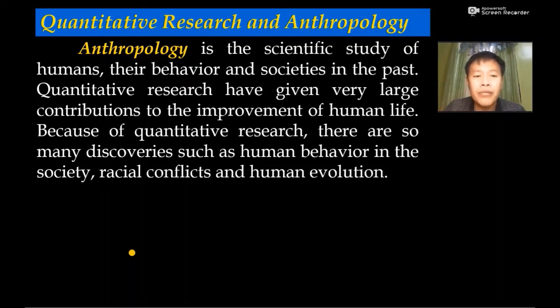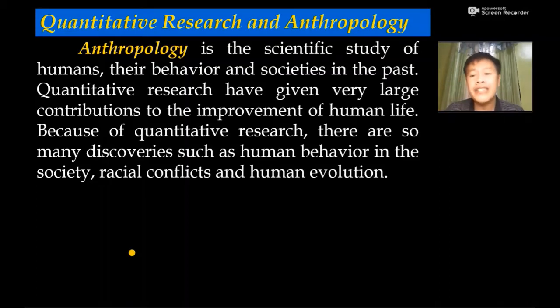And that is one of the functions of quantitative research. There are so many theories on where humankind originated, and that is because of quantitative research. That's how quantitative research is very vital in understanding the evolution of humankind.